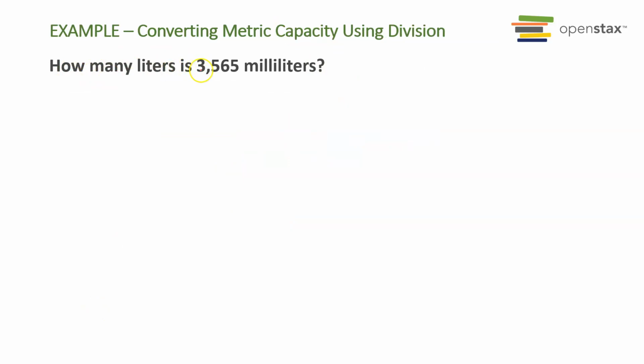So how many liters is 3,565 milliliters? Well, remember, it's KHD, keep her dancing, because dancing creates marriages. So we're talking about milli. That's the smaller one, M. There's only one M here. This was 10 to the negative 3, which is basically 1 over 1,000.